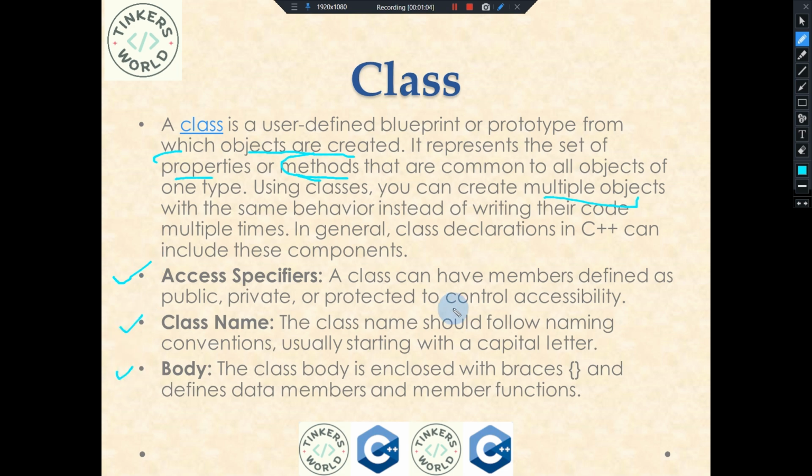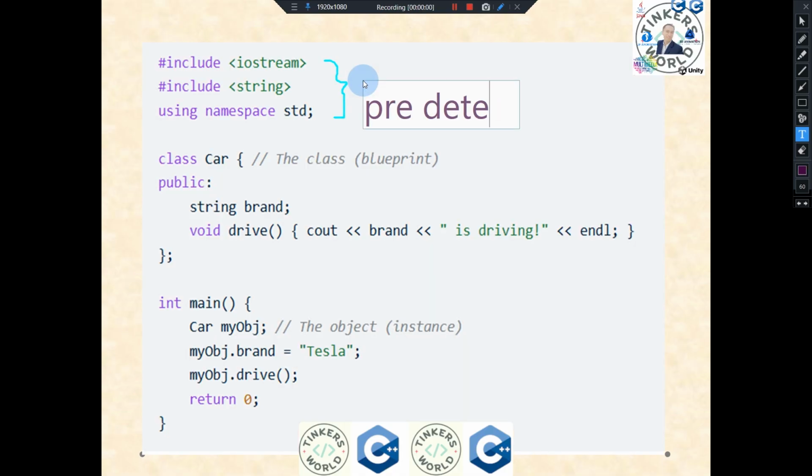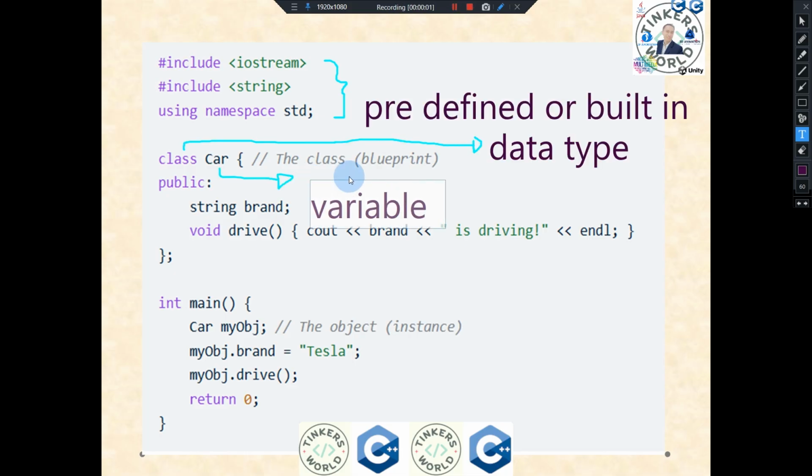A class can have a member defined as public, private, or protected. For the protected one, we're going to talk about that soon with an example.